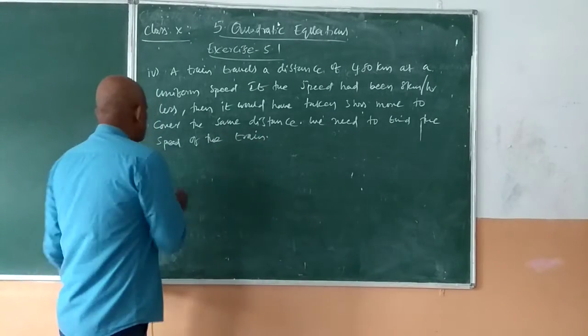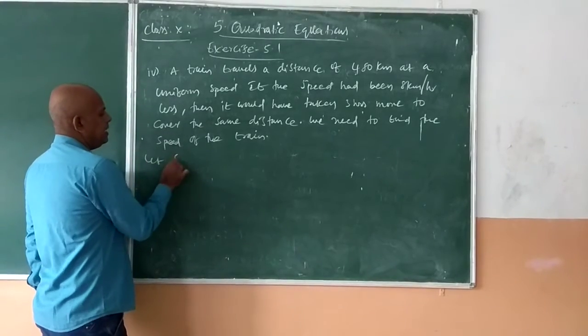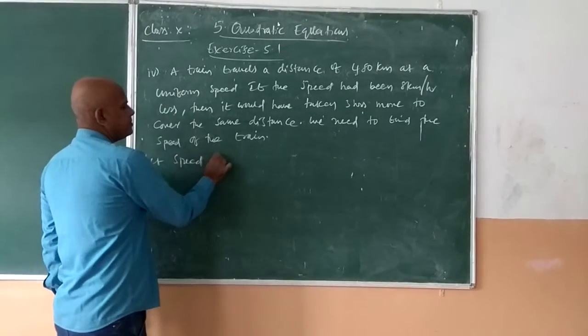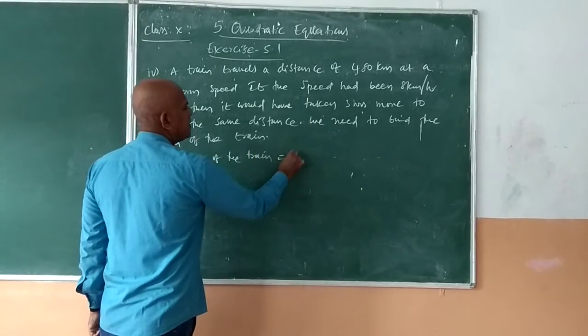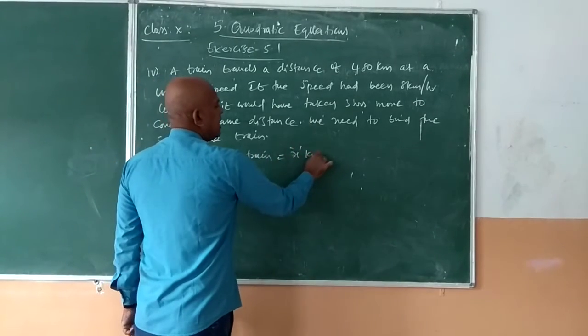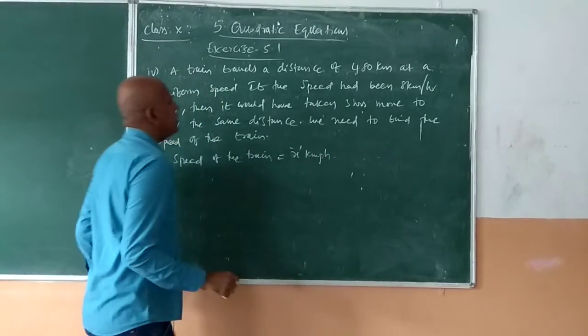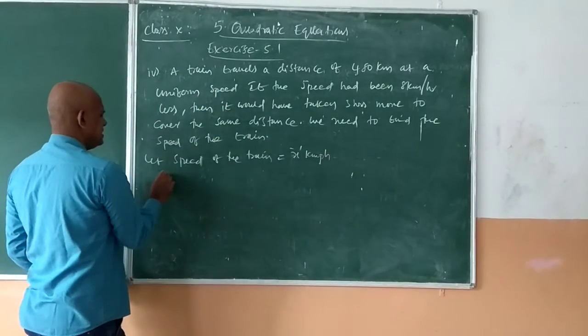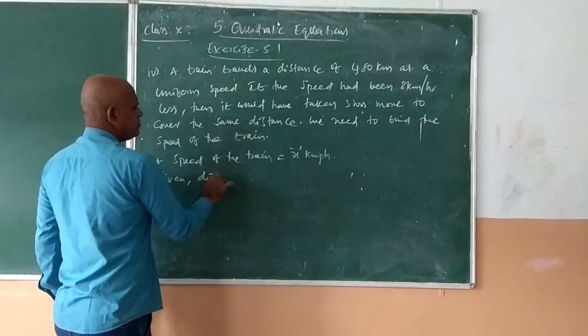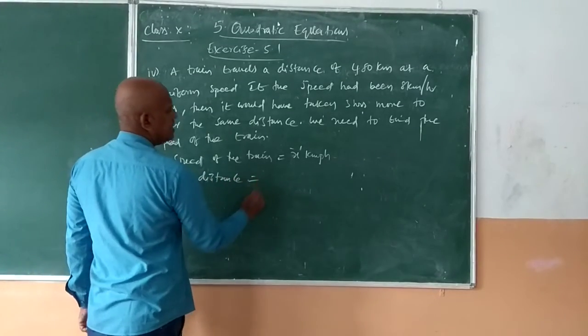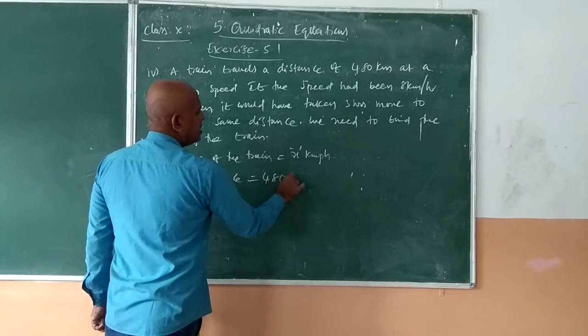So let the speed of the train be x kmph, kilometers per hour. Given distance is equal to 480 kilometers.